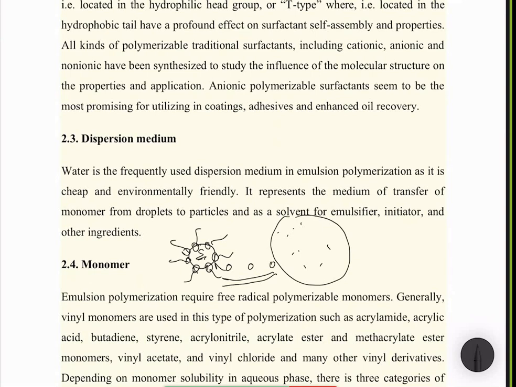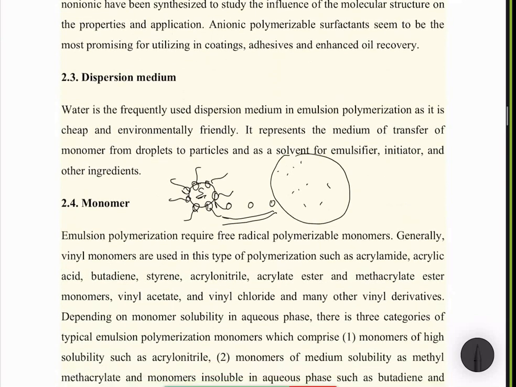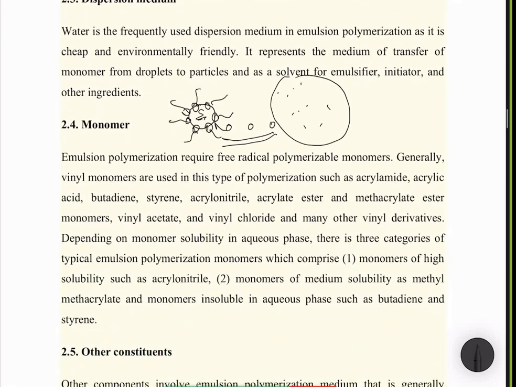So water also acts as the transfer medium for monomer from the monomer droplet to the locus of polymerization, that is the monomer-swollen micelle. This is a special role being played by water in the conventional emulsion polymerization technique.